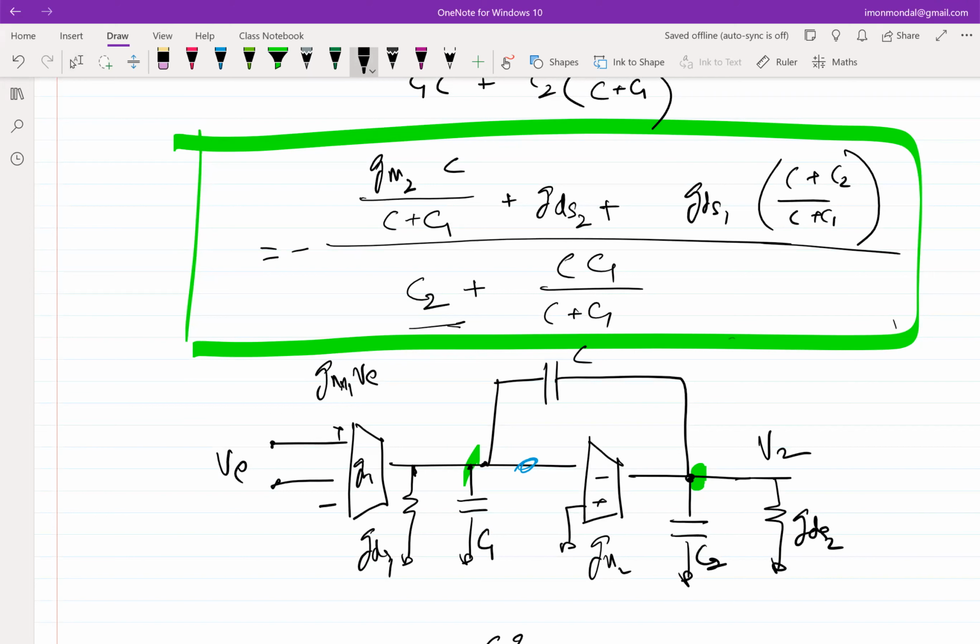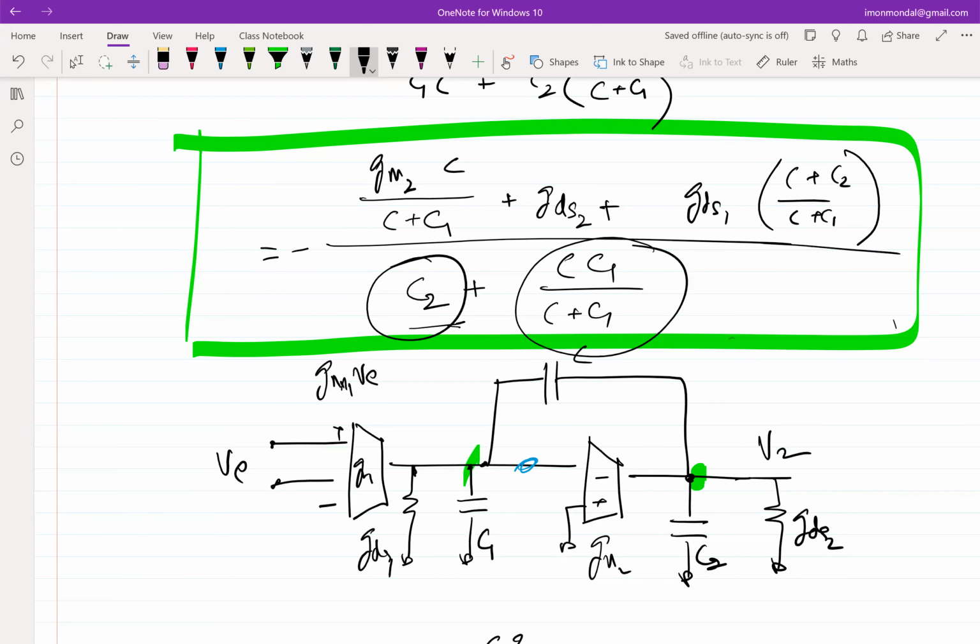So again, conductance over capacitance. Let's do the capacitance first, because capacitance terms look simpler. What is the first capacitance you see associated with V2? C2 appears here, fine. But there is this term also. From where do you think this term originates? C series with C1.